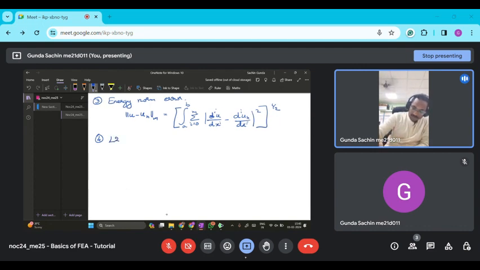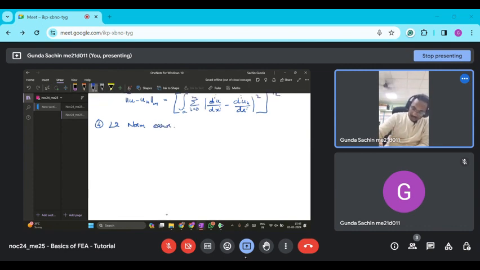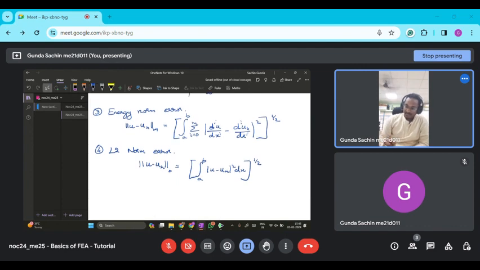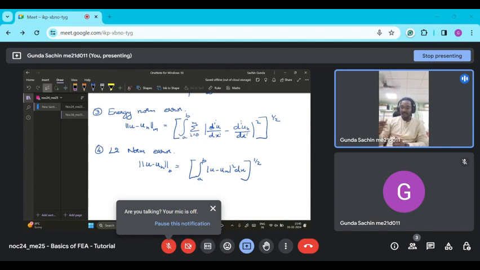The final one is the L2 norm error. It is U minus UH. It is defined in this manner: integral from A to B of U minus UH squared, and its square root. L2 is equivalent to the distance kind of thing.